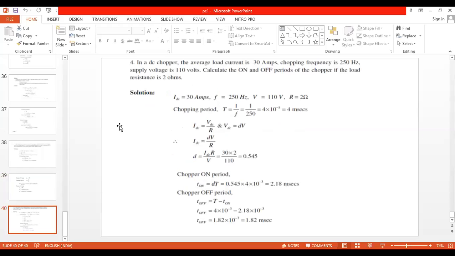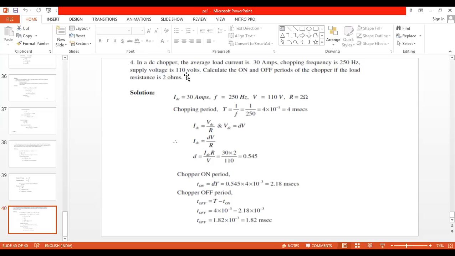All of you simultaneously have to calculate. In a DC chopper, average load current: when we say the word average current value, another name is DC current. So in a DC chopper, the average current or load current, IDC we can say, is 30 amperes. Chopping frequency F is equal to 250 hertz.